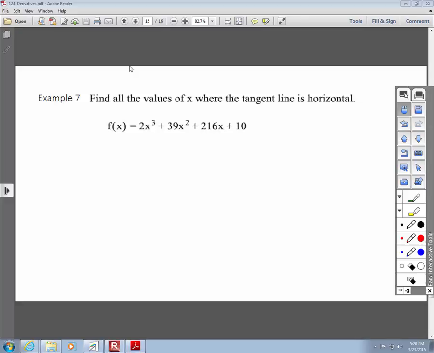Subtracting, x is equal to negative 4, and x is equal to negative 9. So these are the x values. At those x values, my tangent line is horizontal, which means my slope is 0. Those are my answers.